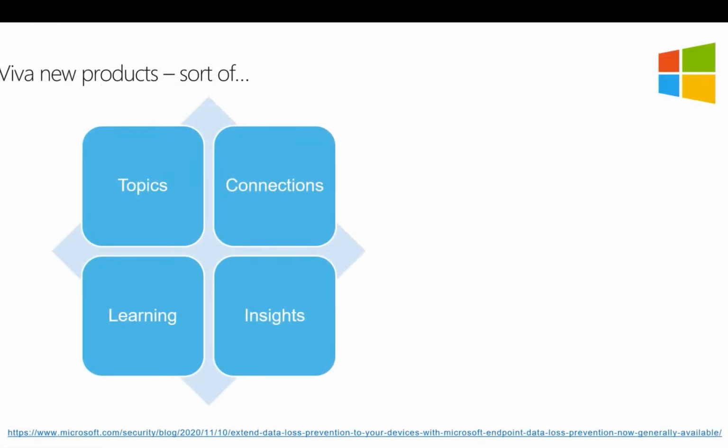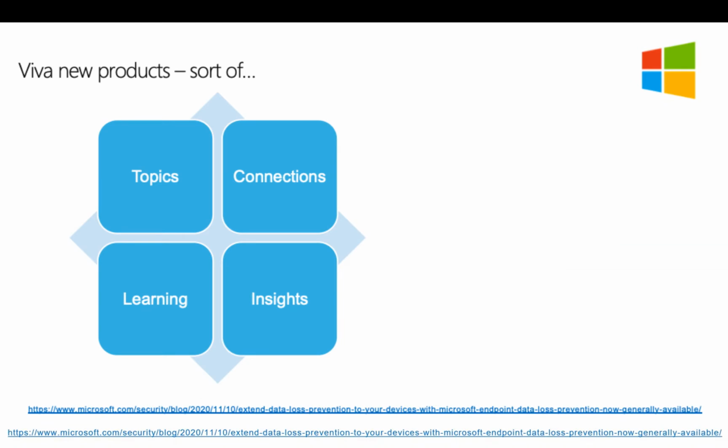All right. The other really big announcement that has recently come out is Microsoft Viva. So Viva is a very interesting suite of products and really is kind of a family of products broken down into 4 separate categories of topics: connections, learning, and insights.